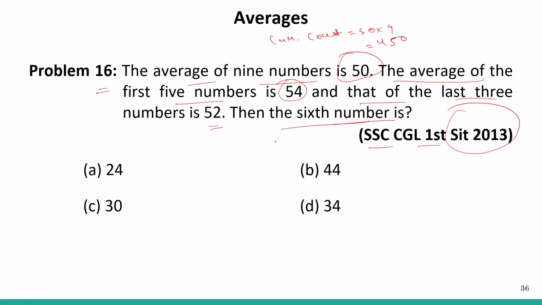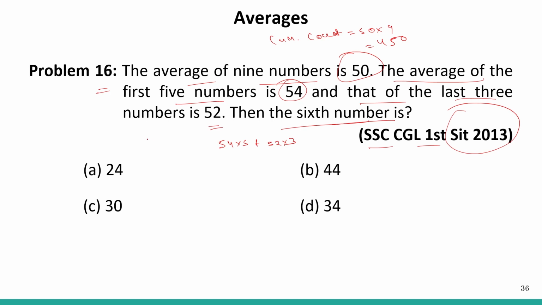Since there are 9 numbers, let's do this. The cumulative sum of all the numbers is equal to 450. The cumulative sum of the first 5 numbers is equal to 54 into 5, and the cumulative sum of the last 3 numbers is equal to 52 into 3.